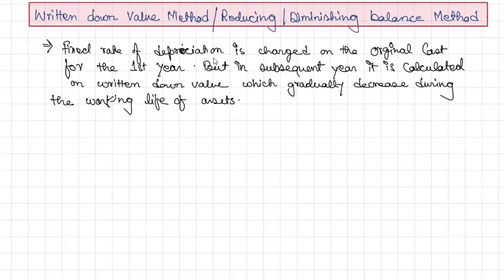So the basic differentiation between the straight line method and WDV is that in straight line, a fixed depreciation is always charged on the original cost of the asset. But here, for the first year it's charged on the original cost, and for subsequent years it is always calculated on the written down value, which gradually decreases during the working life.